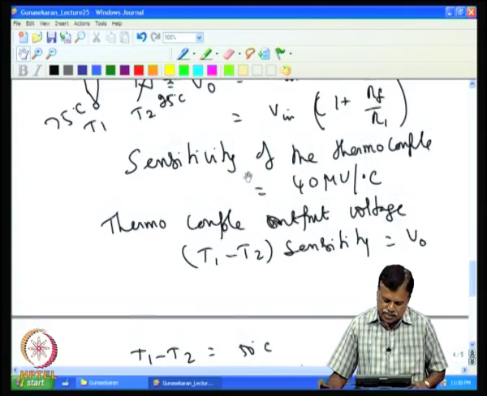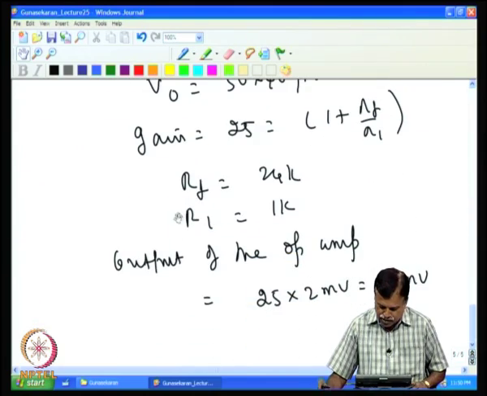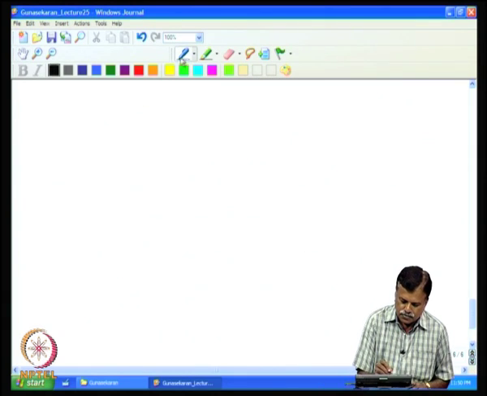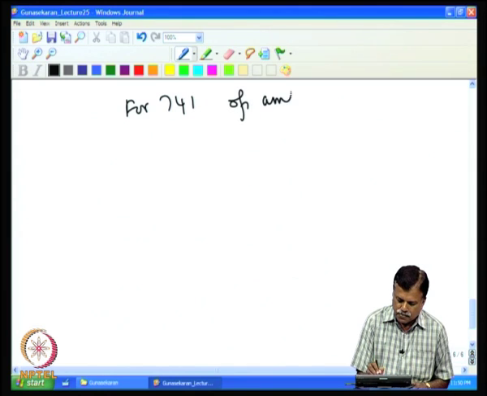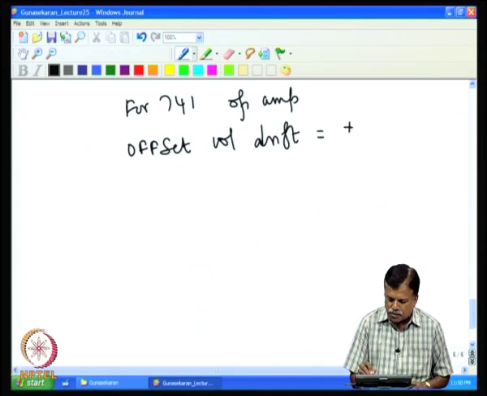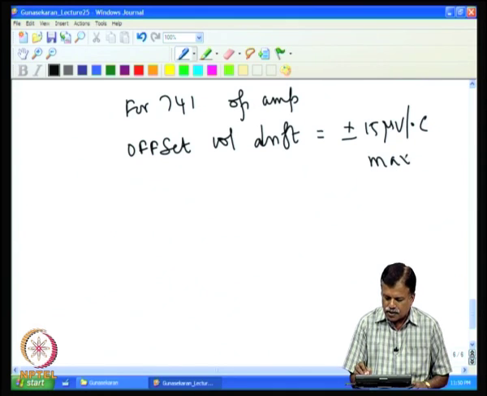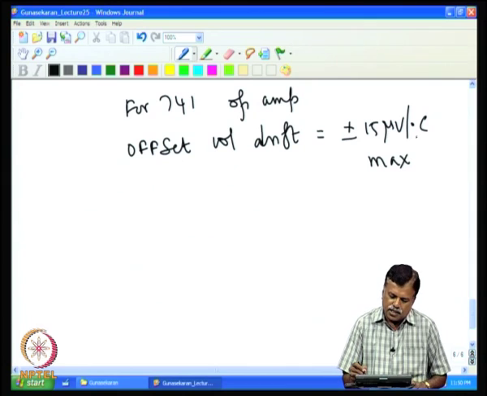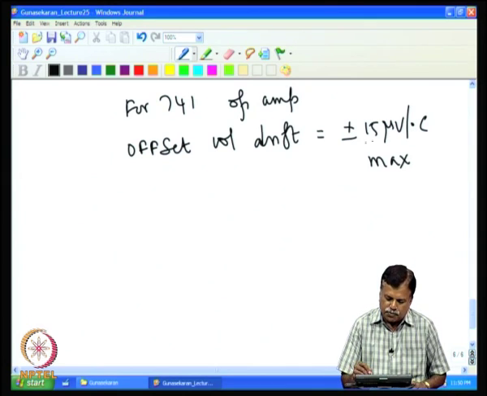So, for example, if we take 741 op amp, offset voltage drift is given as plus or minus 15 microvolt per degree C max. That is the maximum drift expected, and it is not exactly 15 microvolt, and the polarity is also not known.